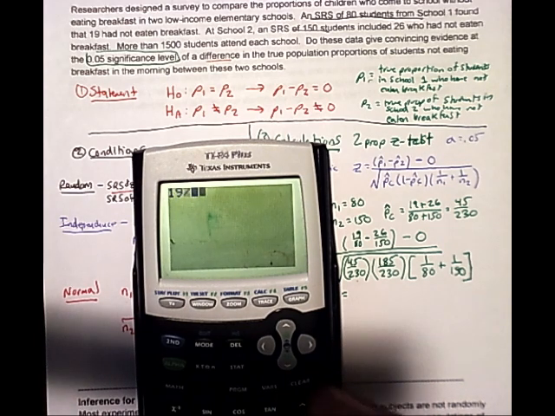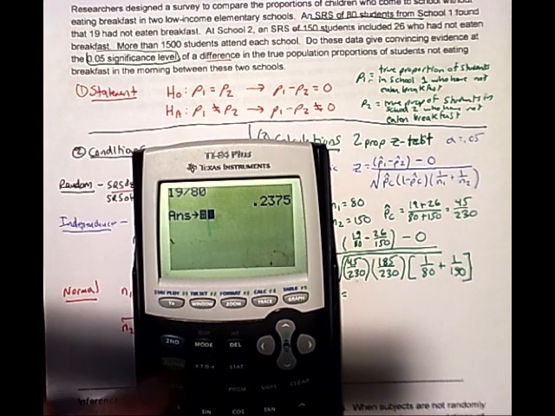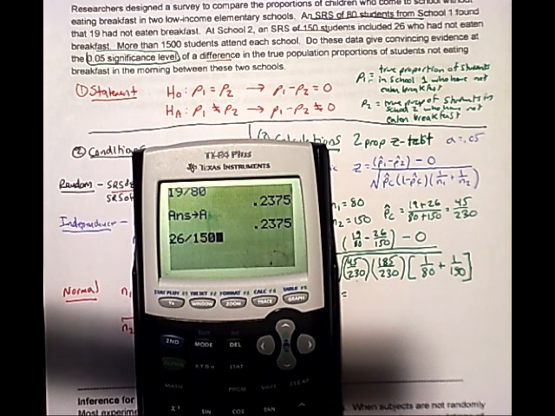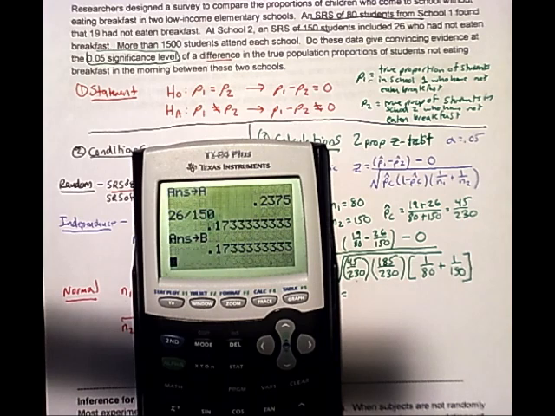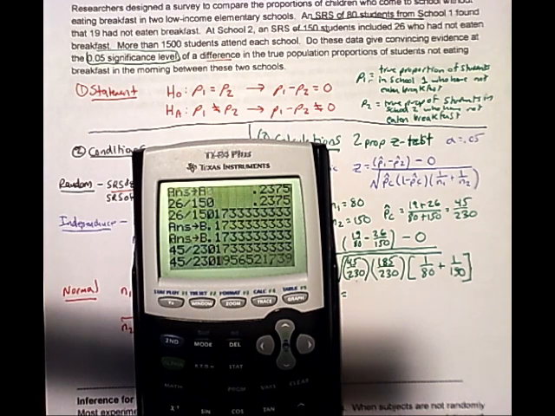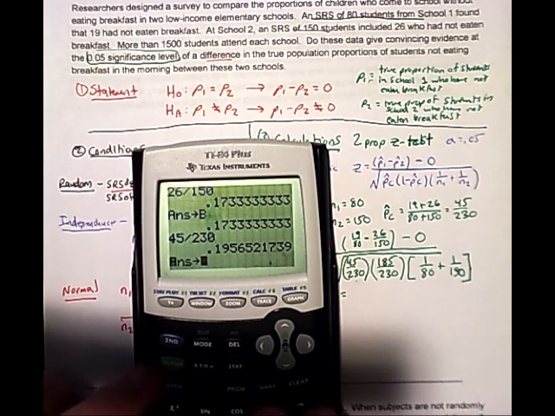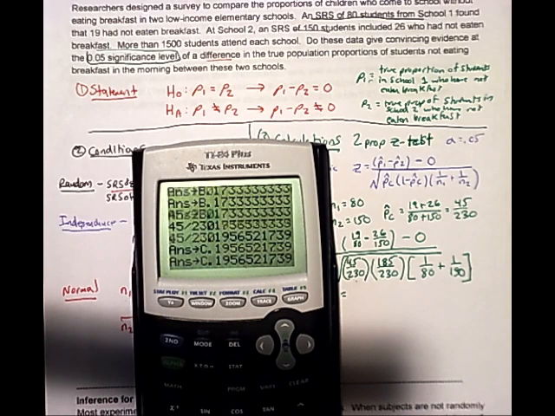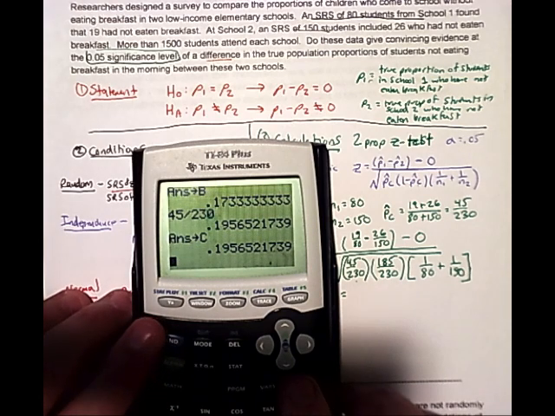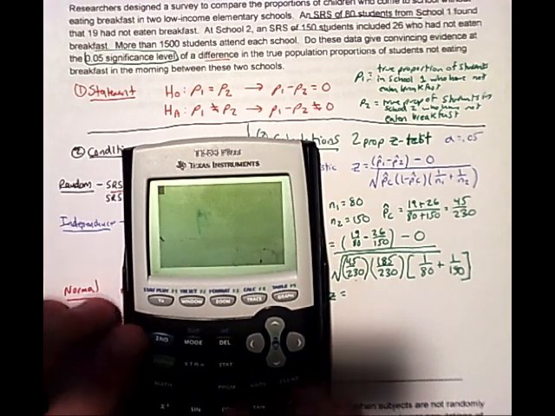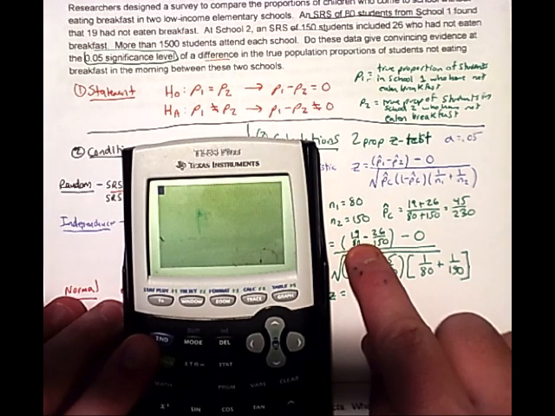So 19 over 80, I can just store that as A. 26 over 150, store that as B. 45 over 230, store that as C. You'll see how I'm putting this in here.